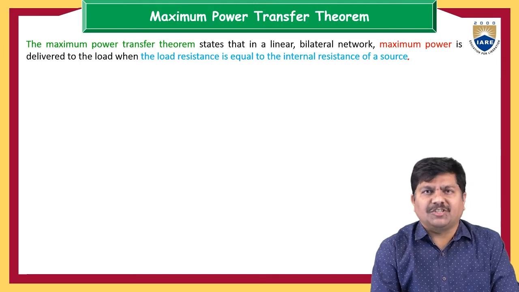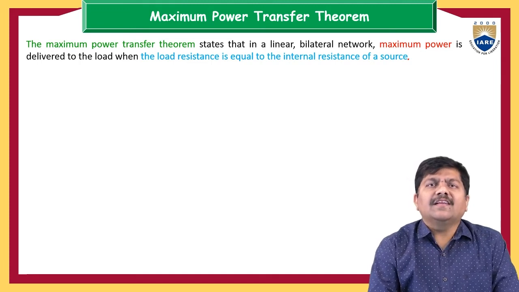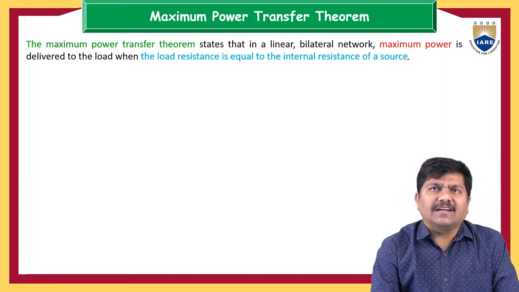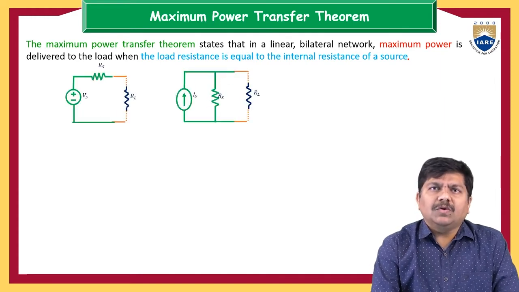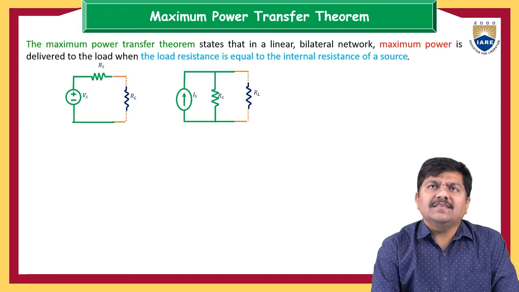So that is about internal resistances in voltage sources and current sources. The voltage source Vs has some internal resistance Rs, and the load resistance can be taken as RL.